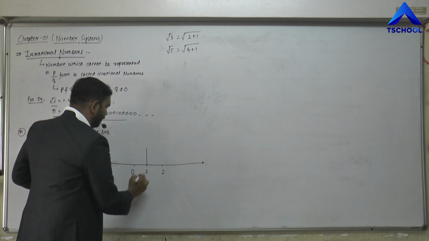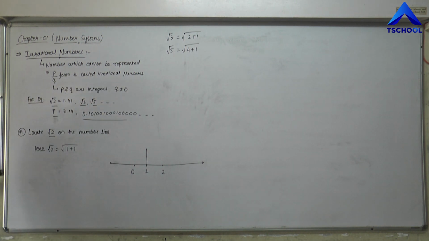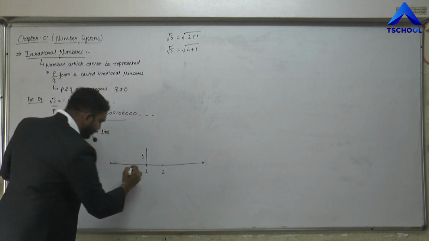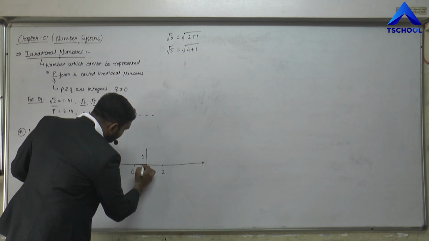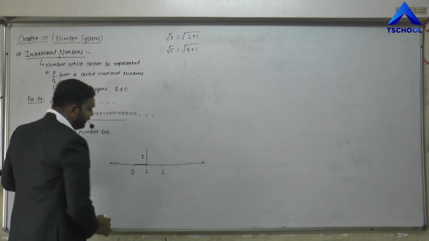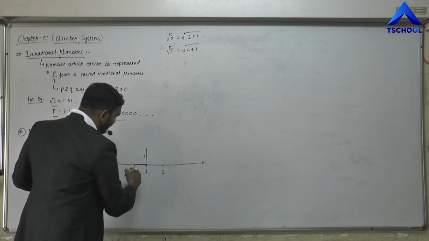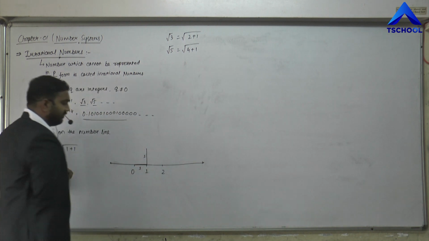So this vertical line is of 1 unit, and 0 to 1 is also 1 unit.